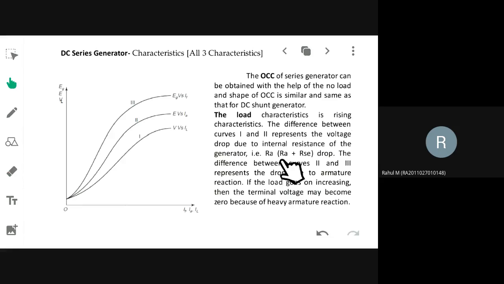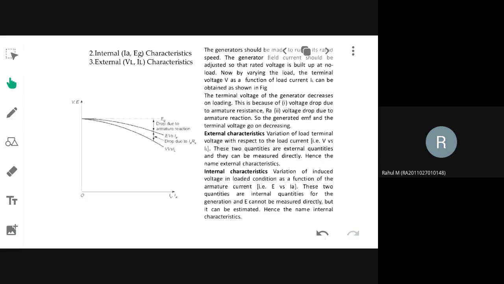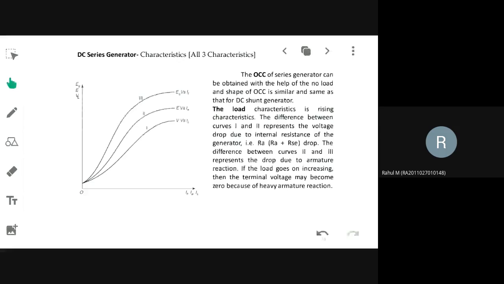And not only the RA drop will be considered here, you have to consider the RSC drop also, because both field and armature are connected in series. IA RA plus RSC drop you will be considering here. So this is rising characteristics, but for the other generators it will be a constant drooping characteristics. So these are all about the characteristic features of the three generators: shunt, series and separately excited.